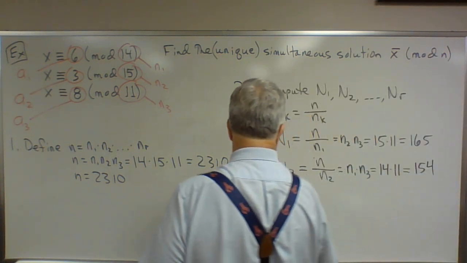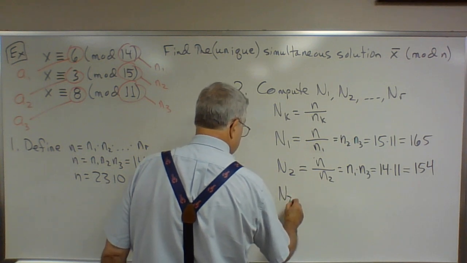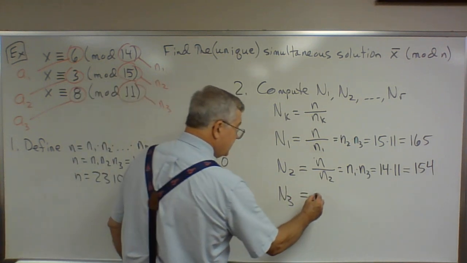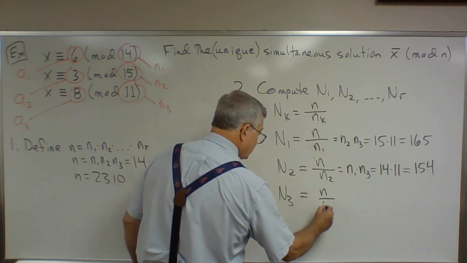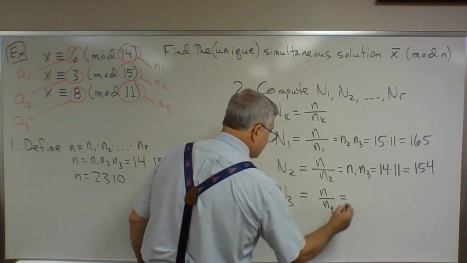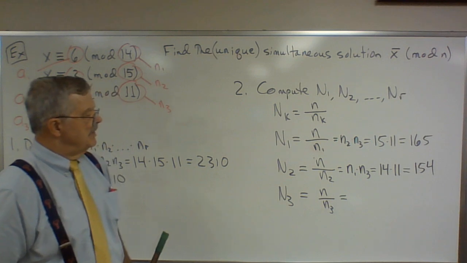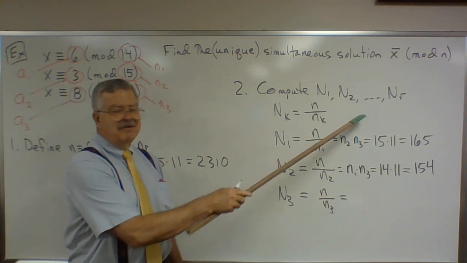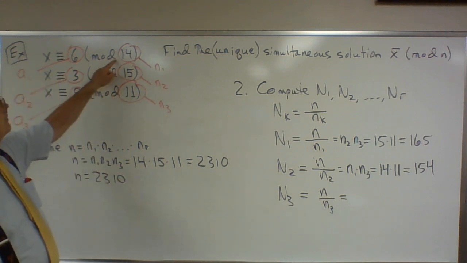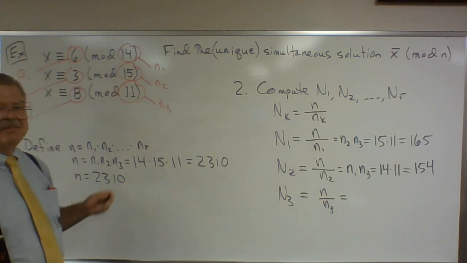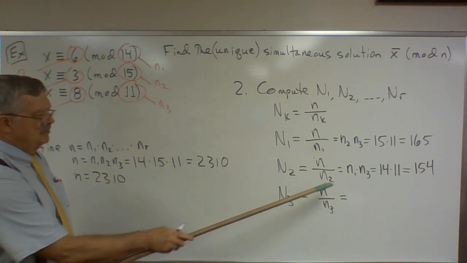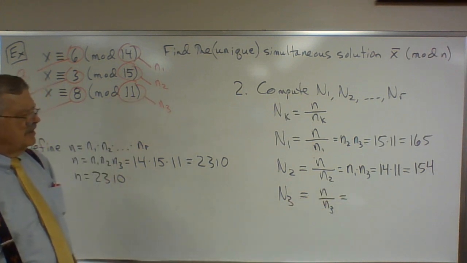Okay. And capital N sub 3 will be n over little n sub 3. By the way, if we had like 6 or 7 of these n sub i's, I might do it differently, but we're only working with 3. So I'm choosing to do it this way.